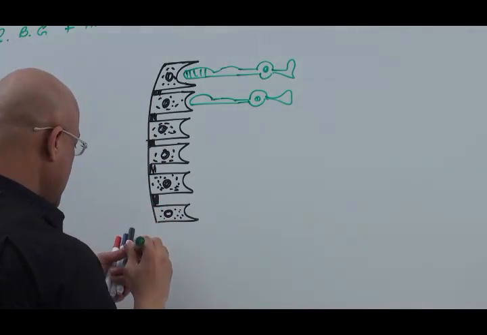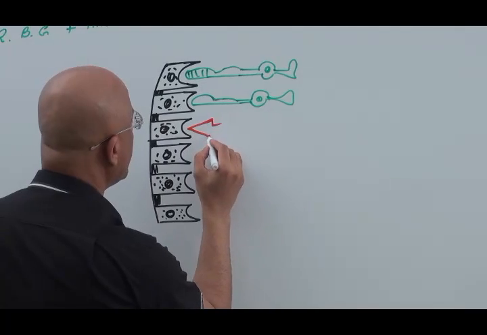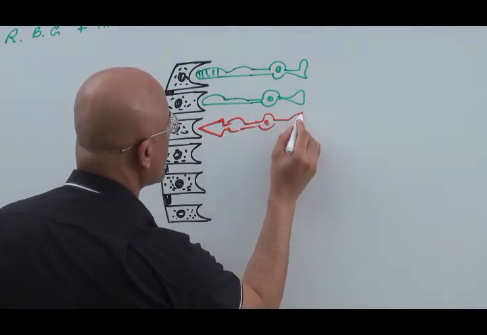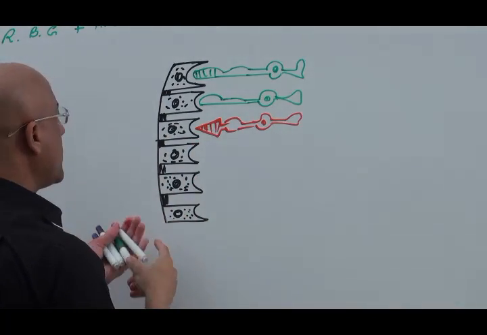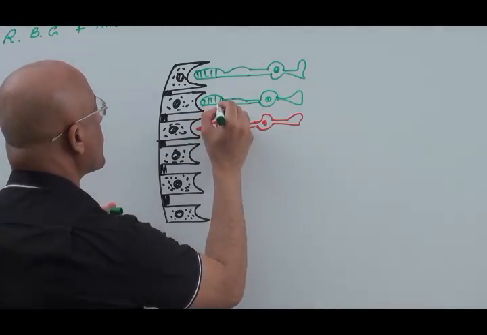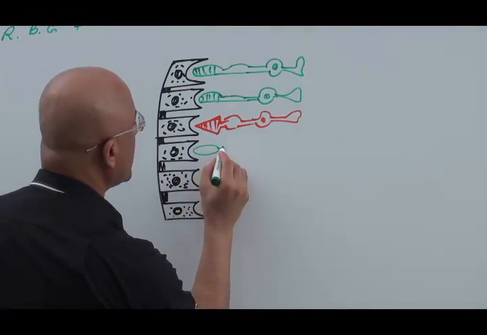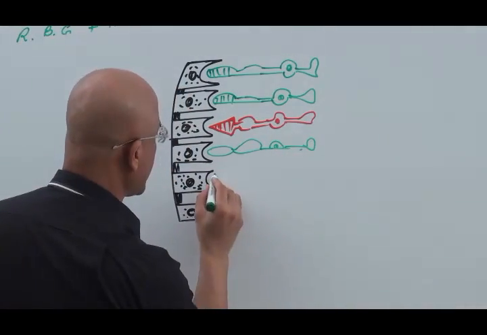And here I can draw a cone. We can make 2 more rods also. Now I'm making it a little fast.